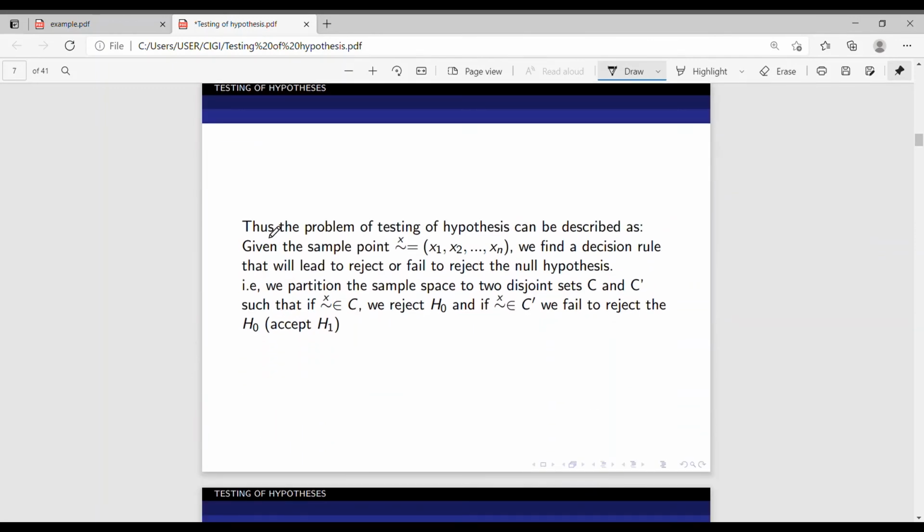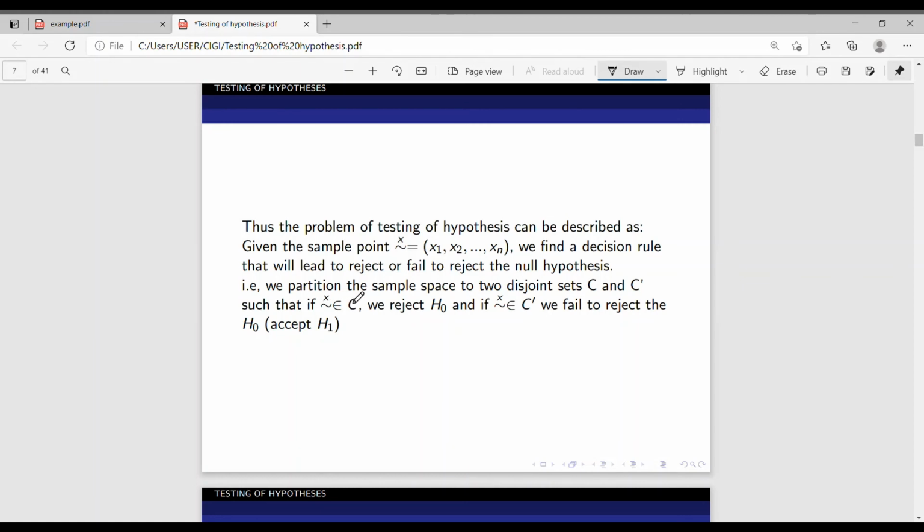So in general, the problem of testing of hypothesis can be described as follows. Given a sample point x vector equal to x1, x2, etc., xn, we find a decision rule that will lead to reject or fail to reject the null hypothesis.